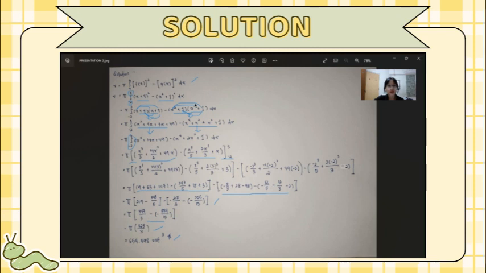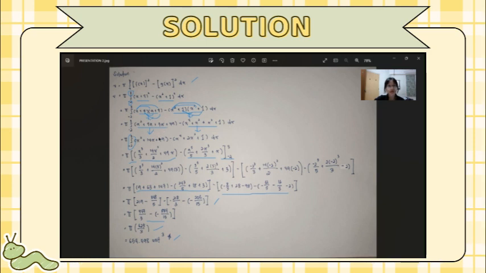Next step, expand the value in this bracket, so we'll get them like this. And after that, calculate the value in this bracket, and you'll get the answer like this.